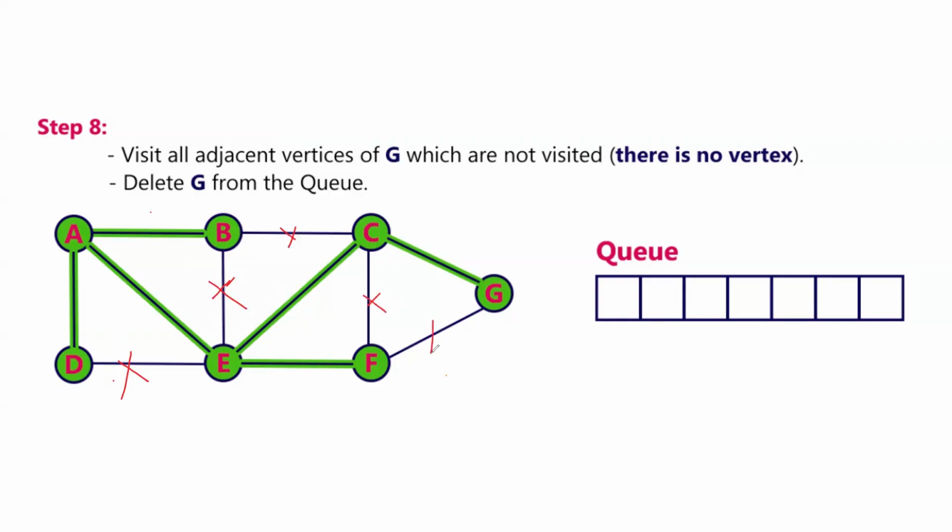See, we didn't form any loops here. It covers all the vertices, right? We can form a loop like this, but it doesn't form any loop here, right? So even here also it doesn't form any loop. So like that it works. We don't want to form any loop. We want to cover the vertices.